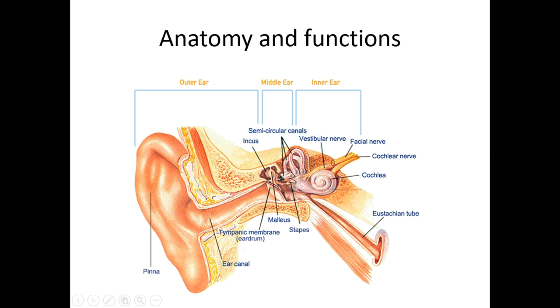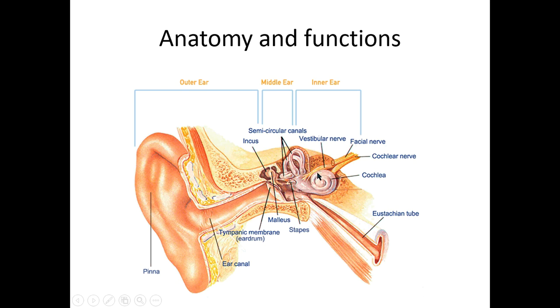In the middle ear, we also have the eustachian tube, also known as the auditory tube. The function of the tube is to connect the nasopharynx to the ear, and this helps with equalization of pressure on both sides of the eardrum.